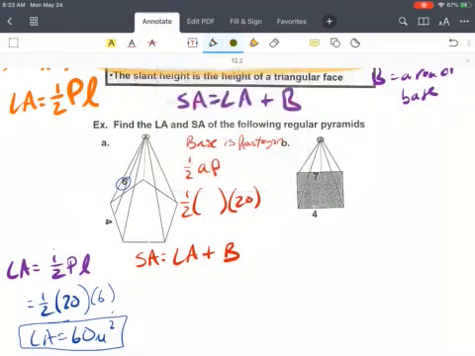We need to remember that the apothem is going to bisect that side to 2, and then we have 54 degrees and 36 degrees. So a couple different trig functions we could do. I'm going to choose tangent of 36 equals 2 over a.